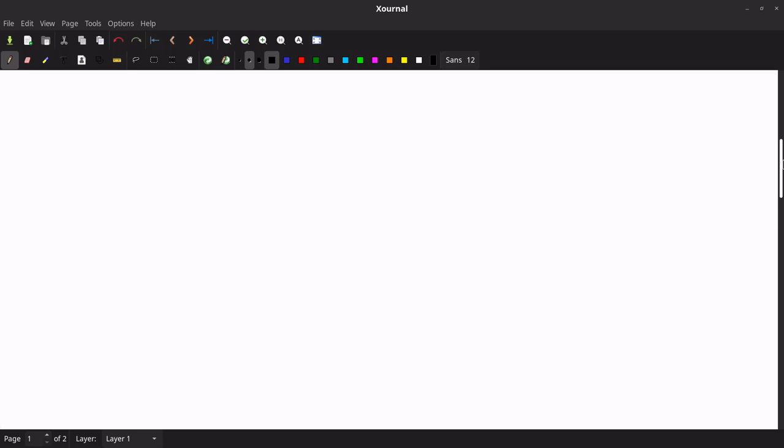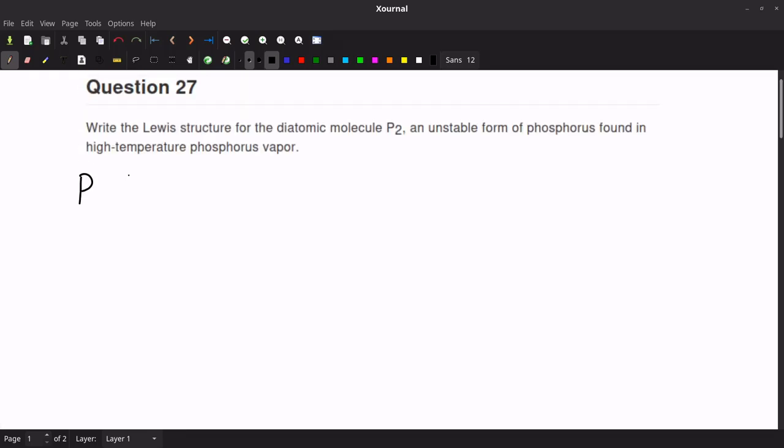So I come up here, and I say that this is neon 3s2, 3p3. So phosphorus is a main group element.